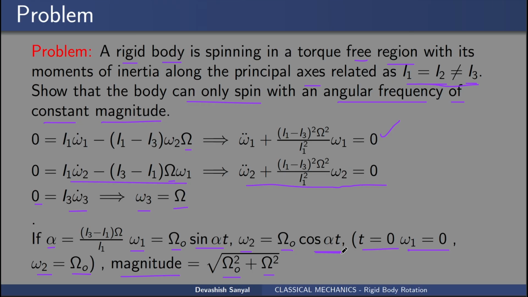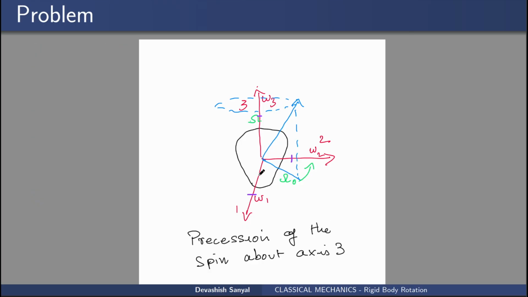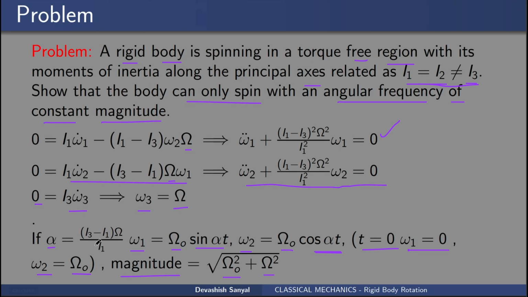So basically, what is happening is that if this is my angular frequency, which is a vector, then it is precessing. It is going around with an angular frequency alpha.